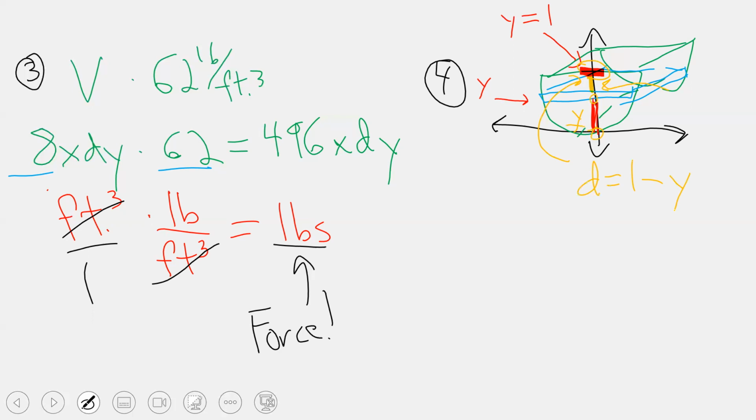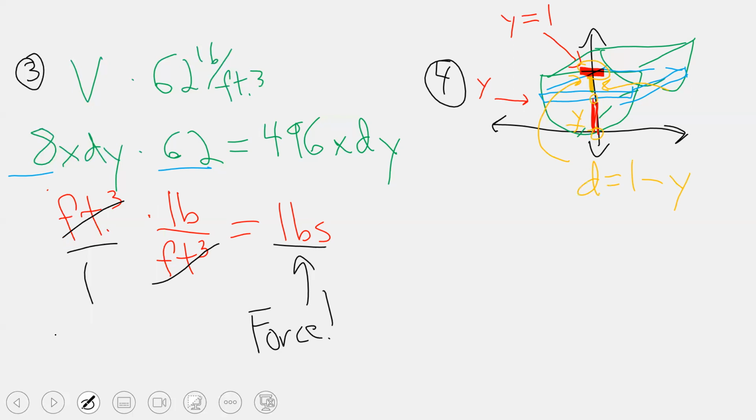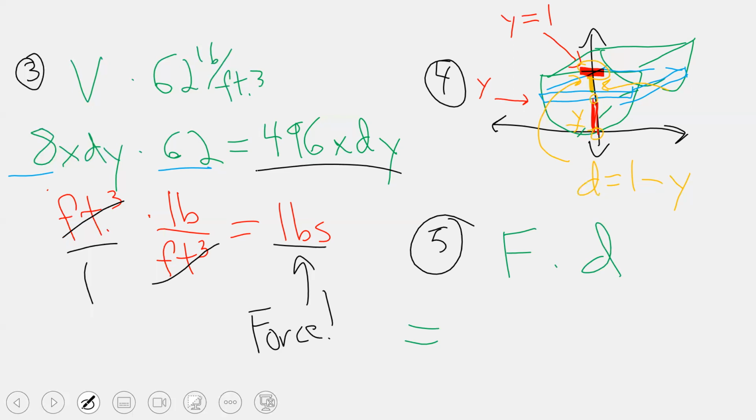All right, good. So we have our distance now, so we can do our fifth step, which is we multiply force times distance. So we're going to take our force to lift the water times the distance the water is being lifted. Our force, remember we found back here, is 496x dy. Our distance is this 1 minus y. So we end up with 496x dy times 1 minus y.